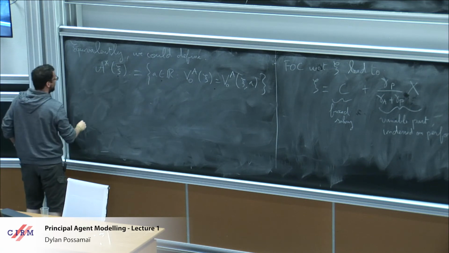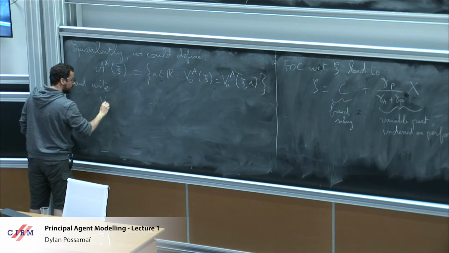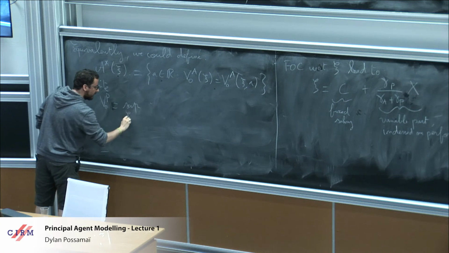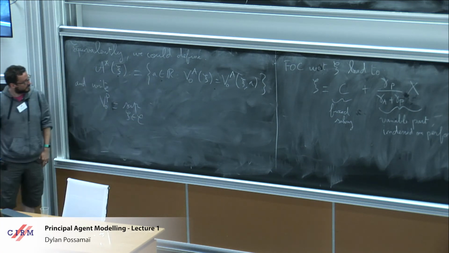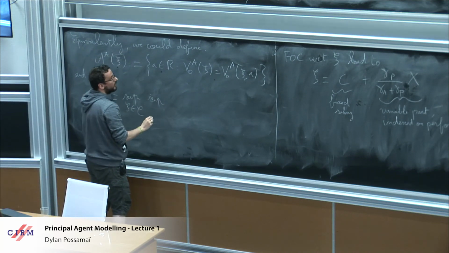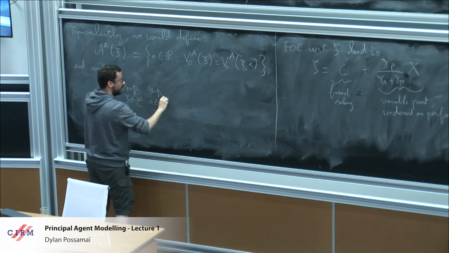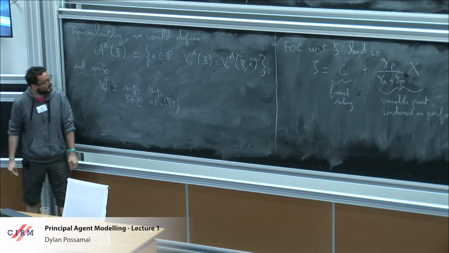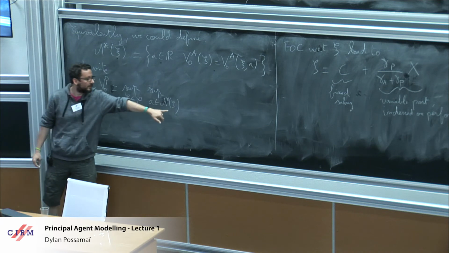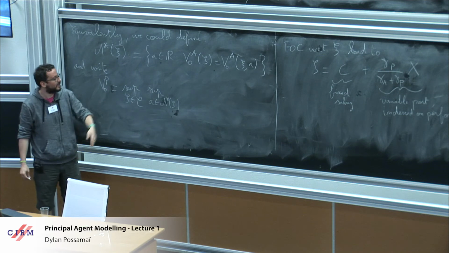And then we can write also that V0P is exactly equal now to the sup over contracts, then the sup over efforts that are in this set, so efforts that are incentive compatible with the contract, meaning efforts which maximize the utility of the agent for that contract.